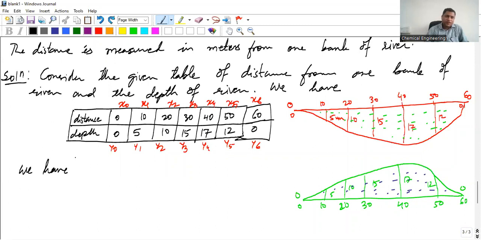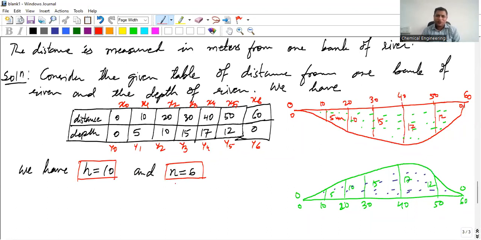What is the value of h here? 10. And n? 6. Is this condition favorable to apply all the rules? Yes, sir. That's why I told you the best choice is 6. It is given as 6, so we can apply all the rules.